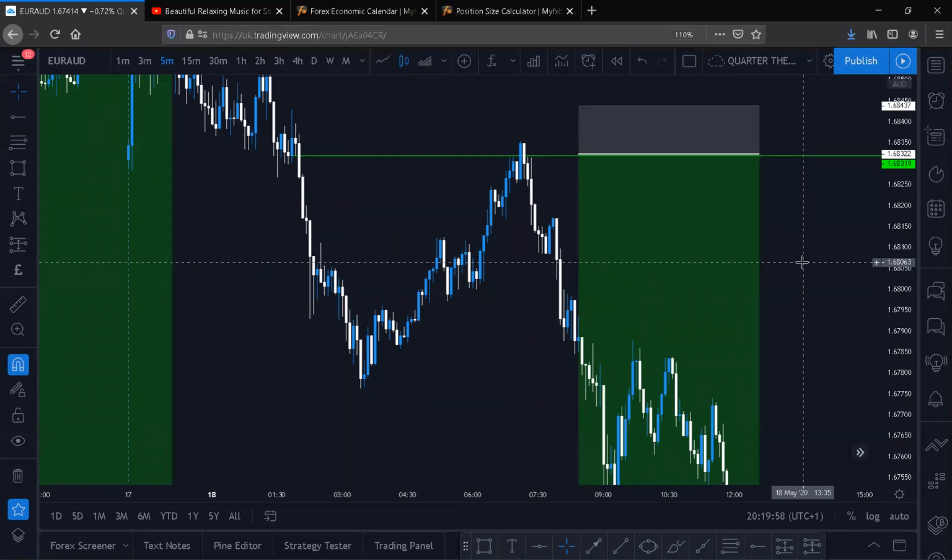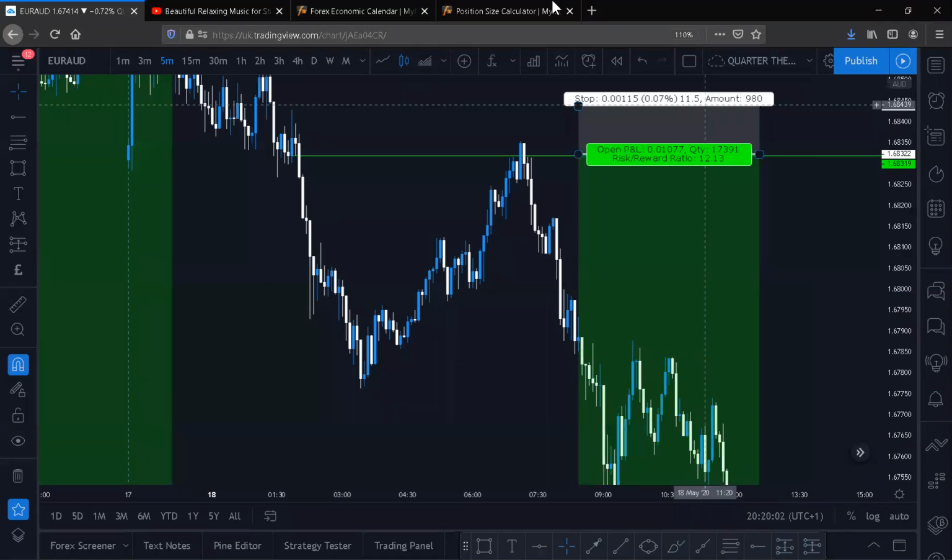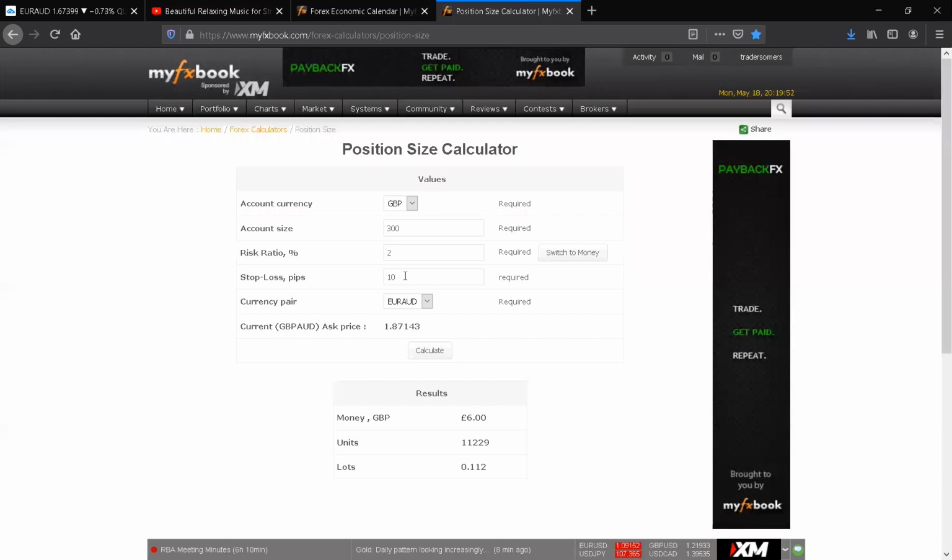So they use like, say, 40, 50 pip stop loss, which means that if you've got a 40 or 50 pip stop loss, you're going to have to put a 50 pip stop loss in your position size calculator for the proper risk management. And then that means that every 50 pips it moves, you're going to be making £6. Yeah.